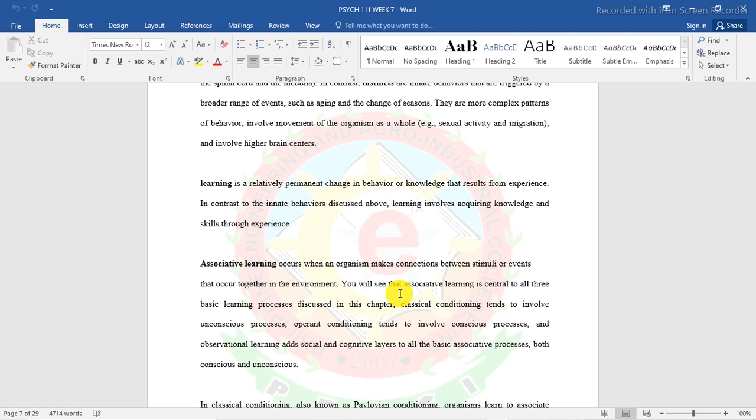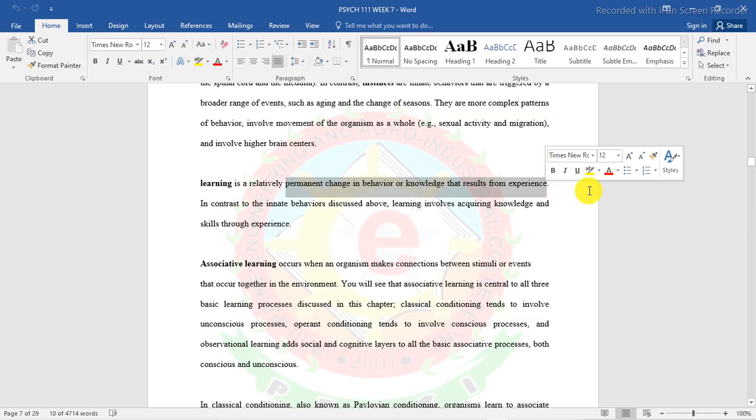So, ang learning pala, sabi dito, permanent change in behavior that results from experience. So, pag may natutunan kang bagay, ibig ba sabihin doon na learn mo na yan? Hindi po. Pag may change na in behavior or knowledge, nagkaroon na ng changes, learning na po yung tawag dyan.